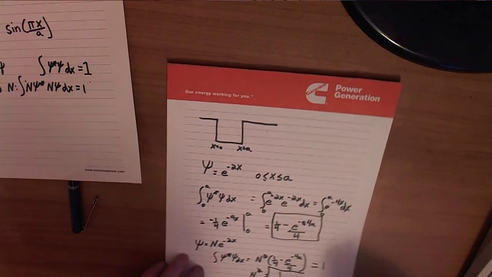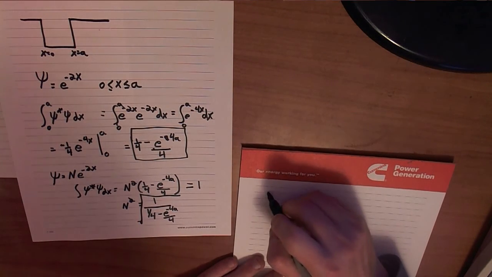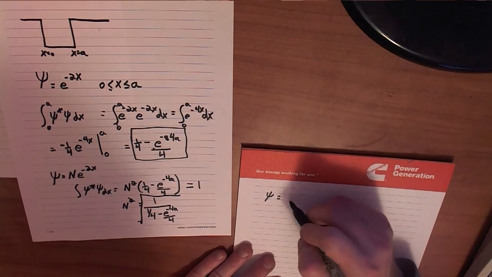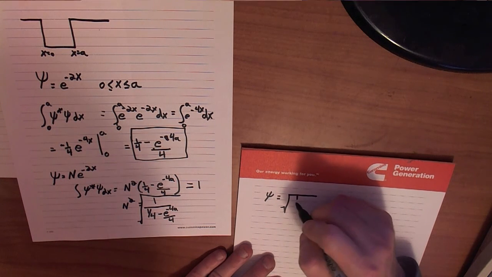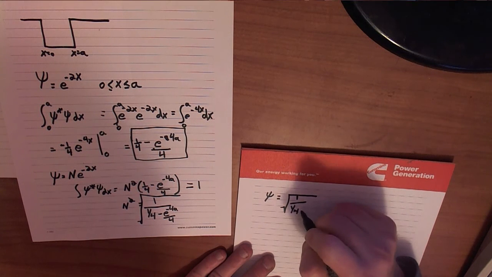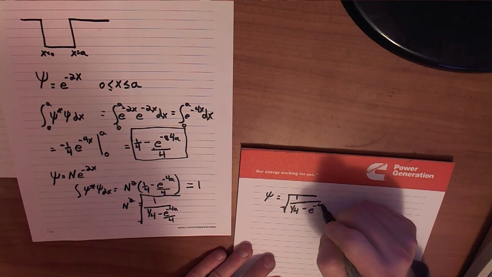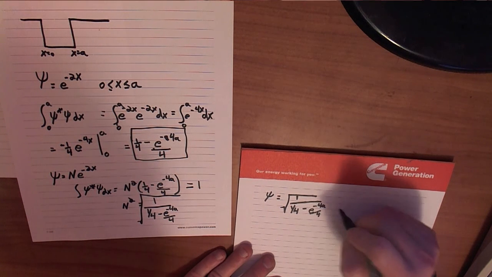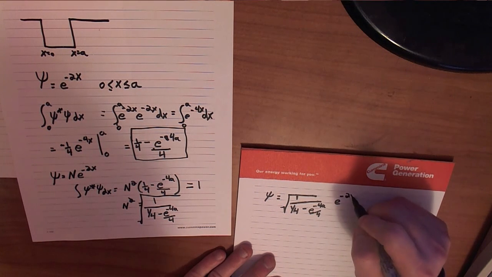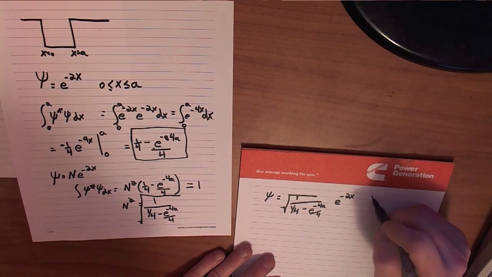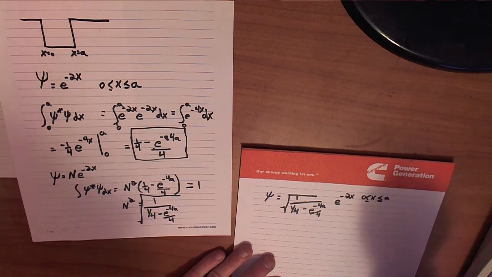In other words, the following wave function, psi equals the square root of 1 over 1/4 minus e to the minus 4a over 4, times e to the minus 2x, for x greater than 0 and less than a.